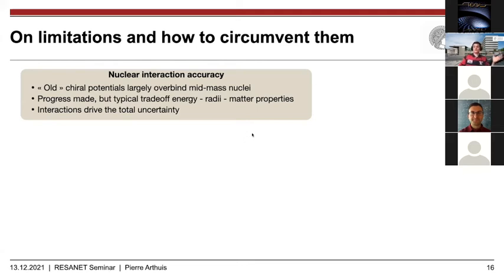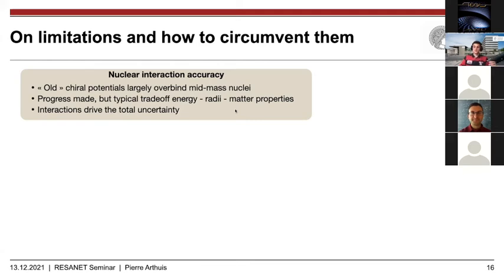Well, one of the first issues, which I discussed in the previous slides, is tied to the nuclear interaction accuracy. The old NNLOopt-like chiral potentials were known to largely overbind mid-mass nuclei.